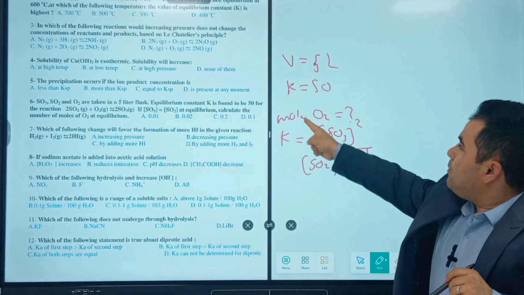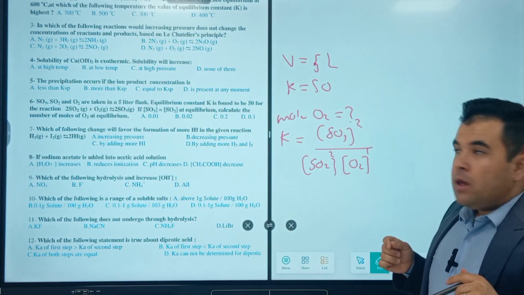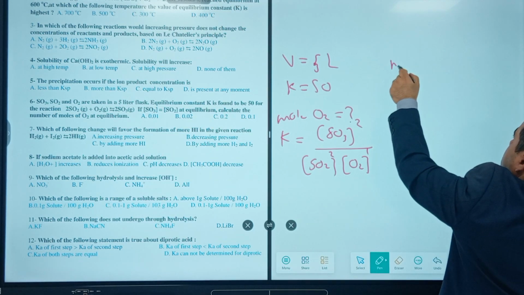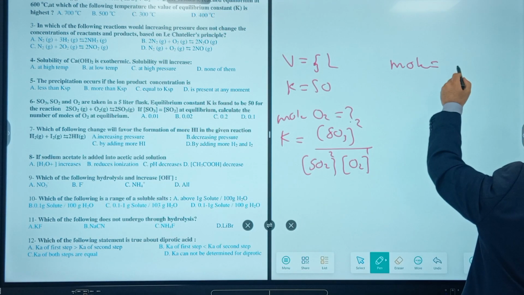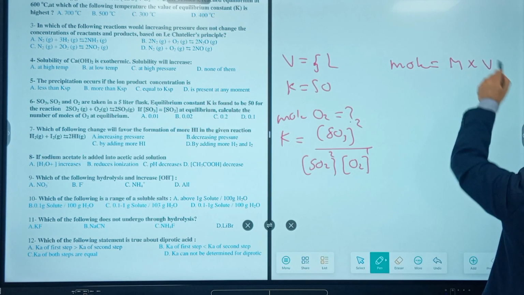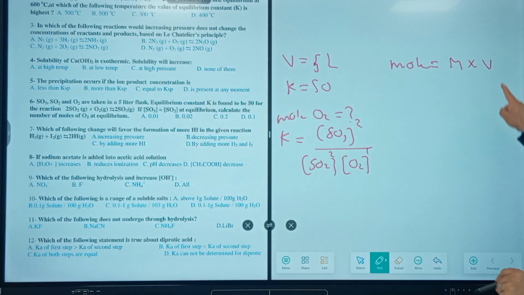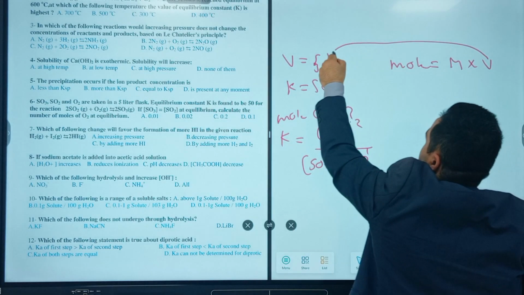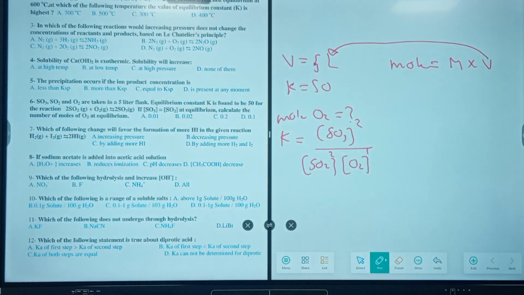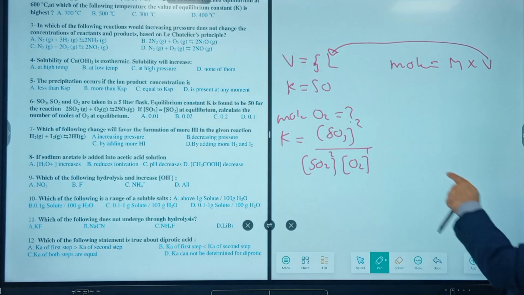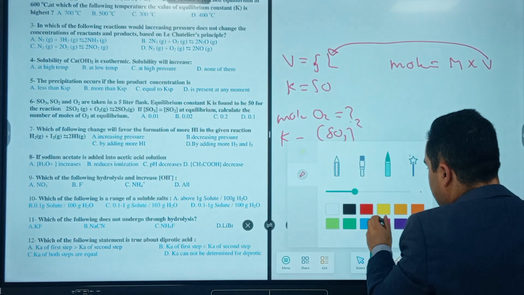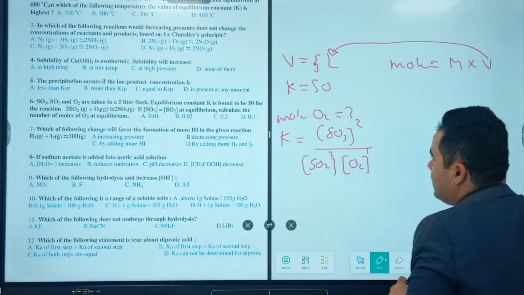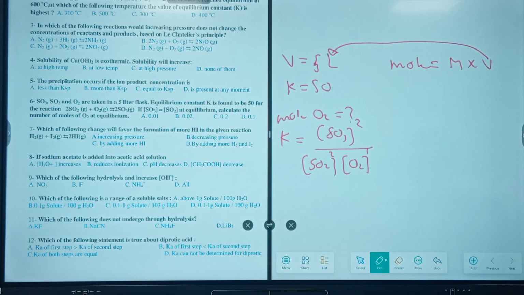In order to find the moles of oxygen, moles equals molarity multiplied by the volume. Volume is given as 5 liters, but we don't know the molarity. Let us find the molarity and then we will be able to calculate the moles of oxygen.